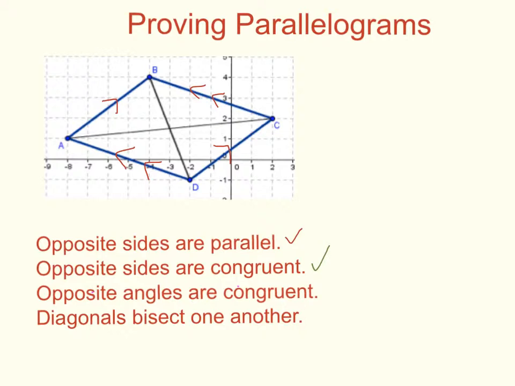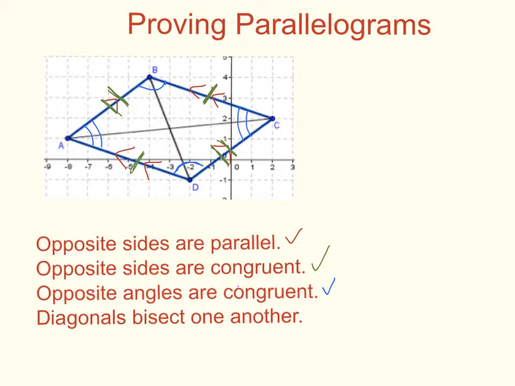So that also tells me that BC and AD have the same length, as well as AB and DC have the same length. Another property is that opposite angles are congruent. So B is congruent to D, and A is congruent to C.